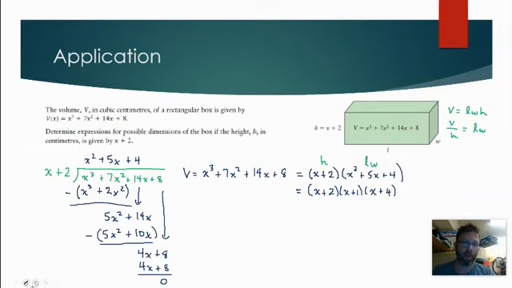And now we have expressions for the length, the width, and the height. Possible expressions anyway. So the height is x plus 2, and the length and width could be x plus 1 or x plus 4. Possible dimensions for our box.